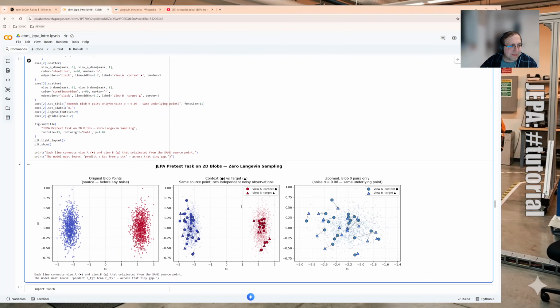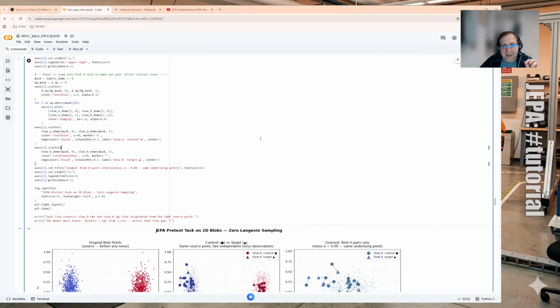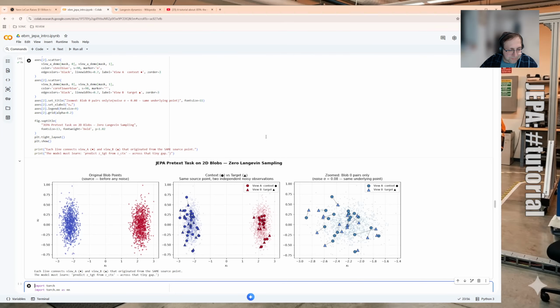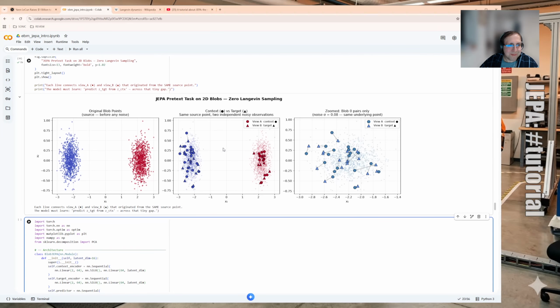Okay, let's go next. This is a visual representation of what's happening, because I think this is kind of interesting. In panel 1, you have the original blobs. It looks kind of vertical because I didn't scale them equally, to show them better, but it's the same thing. So it's two circular blobs.